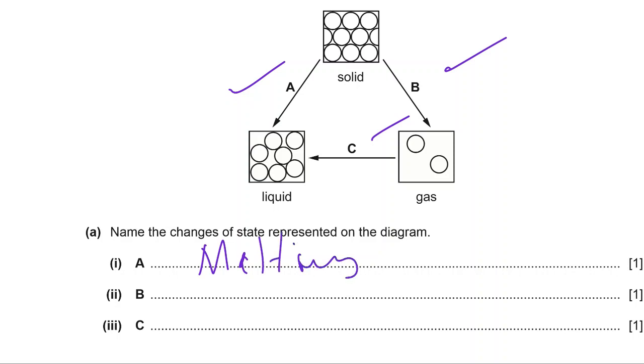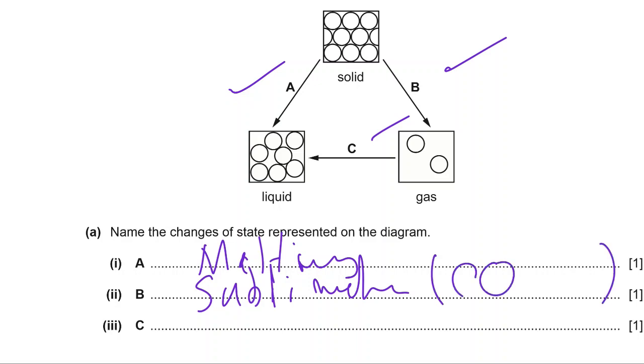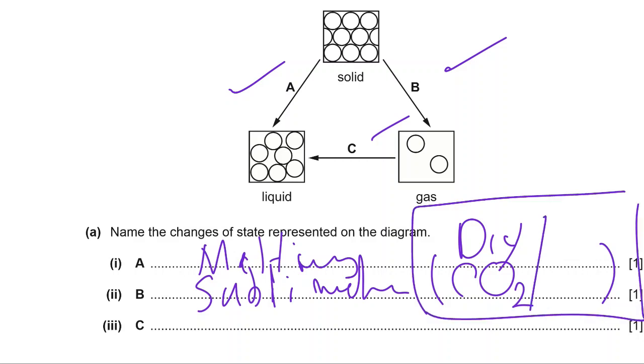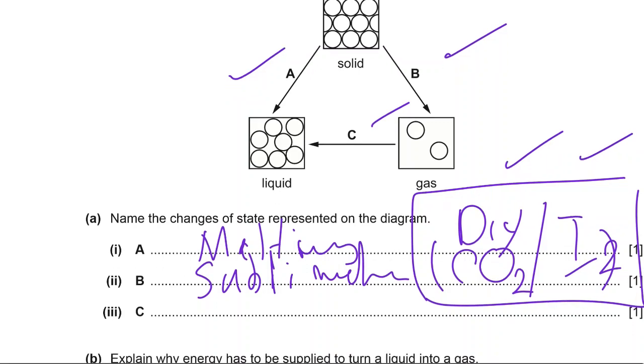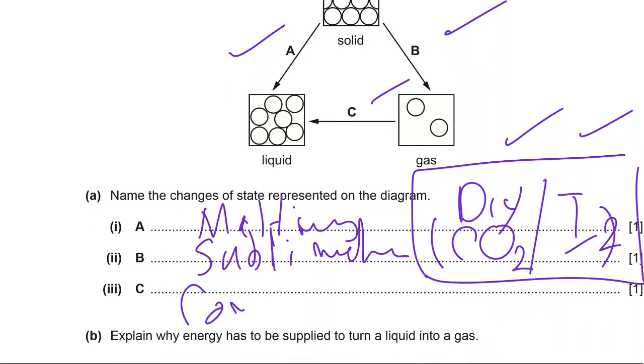And B, from solid to gas, sublimation. For example, dry carbon dioxide can sublimate, and also iodine. These 2 compounds can be sublimated. And C, from gas to liquid, which is condensation.